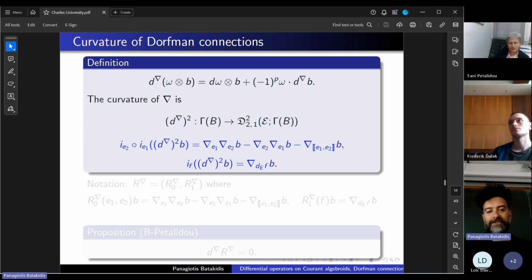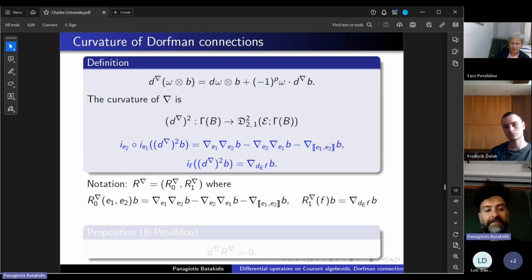Another way to look at these two equations in blue is that, as an element in this space on the right, your curvature has to be described by a finite sequence of maps, and these two maps are what we call R0 and R1. In these two lines, I'm just rewriting the blue equations.